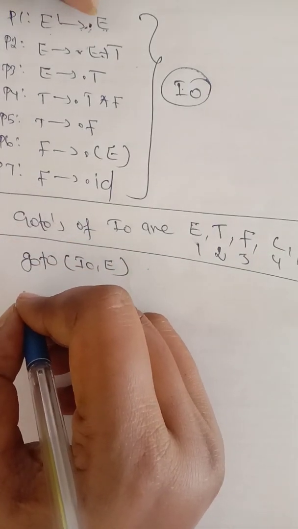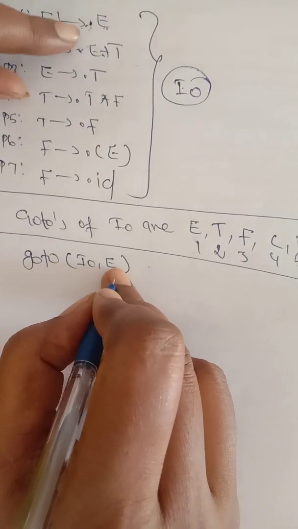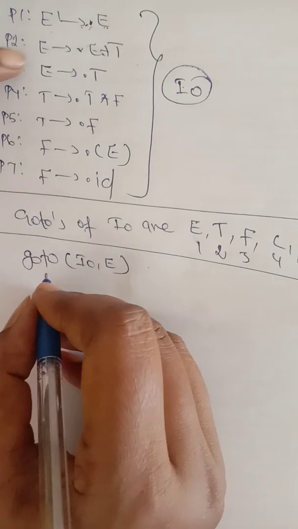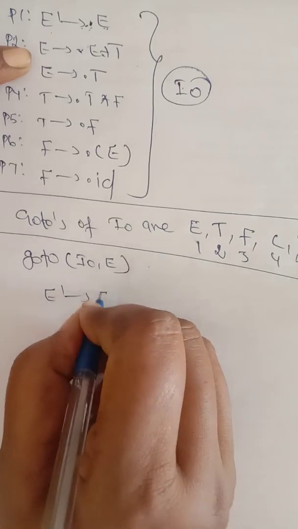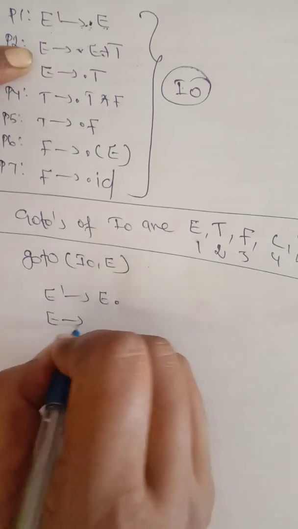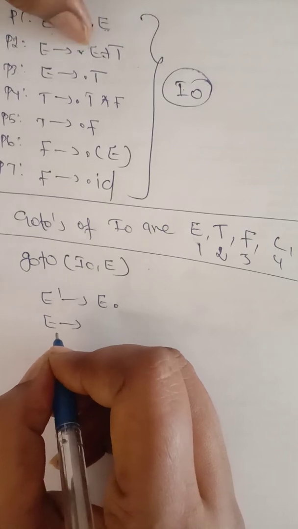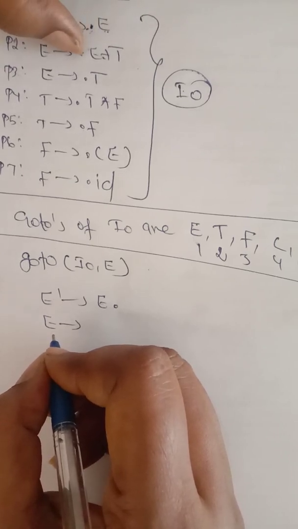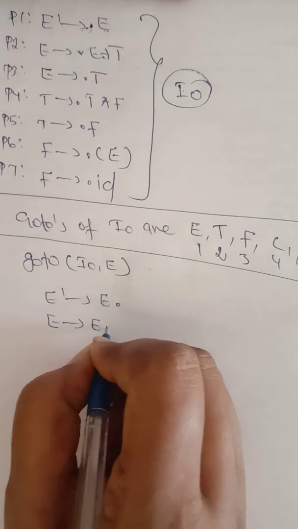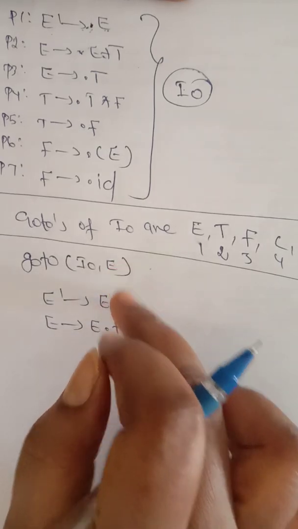E dash goes to dot E. So go-to I naught comma E means here the dot operator moves towards the right side by one position. So the output is E dash goes to E dot. In the second one we are having E goes to dot E plus T. We have to move that dot operator towards the right side by one position. So the answer is E goes to E dot plus T. So we applied the go-to operator.